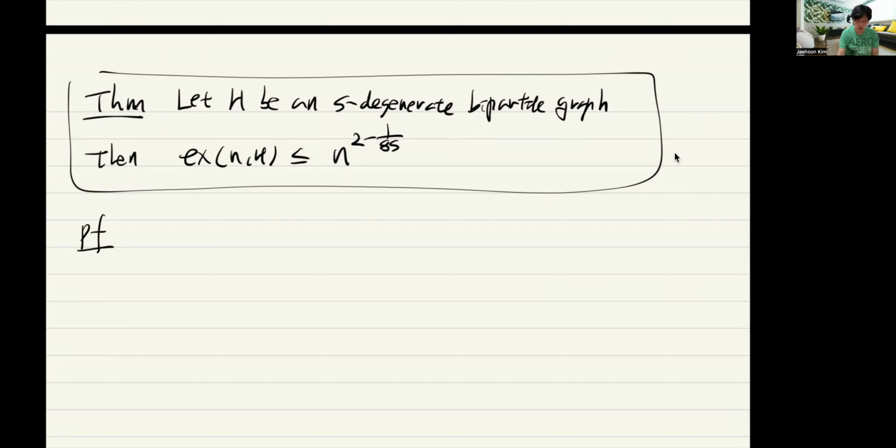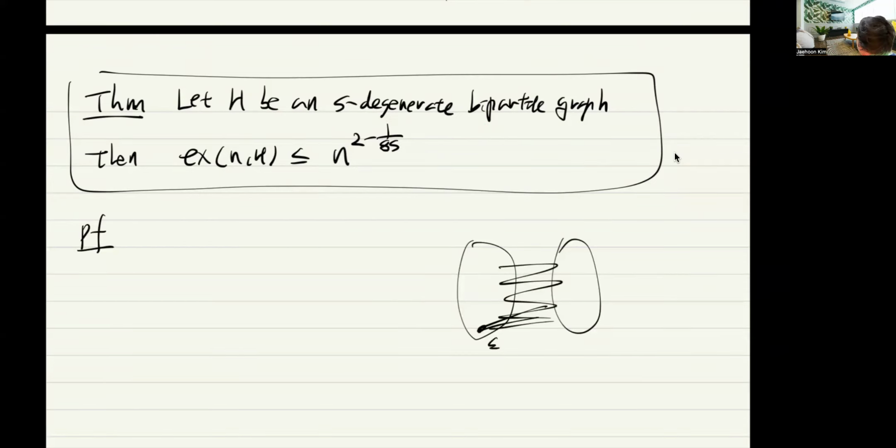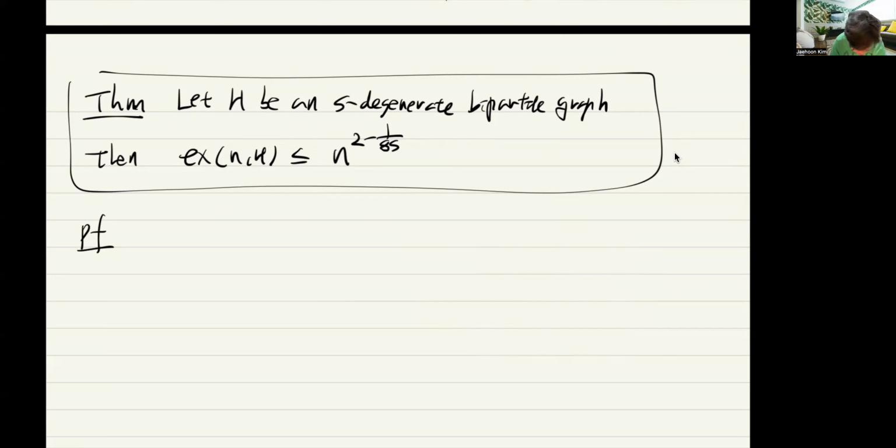However, now all we know is that this is s-degenerate, meaning that in here there could be one vertex with degree at most s. But once you delete it, it might be that all the vertices here have high degree and this has a smaller degree. Then you delete it, and you don't know where these high degree vertices are.